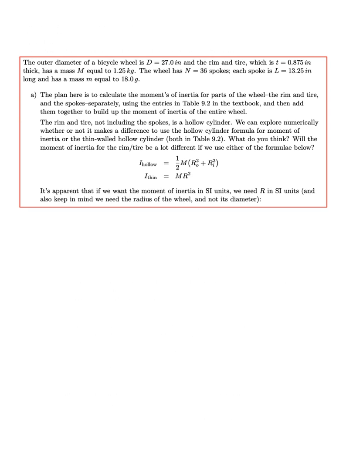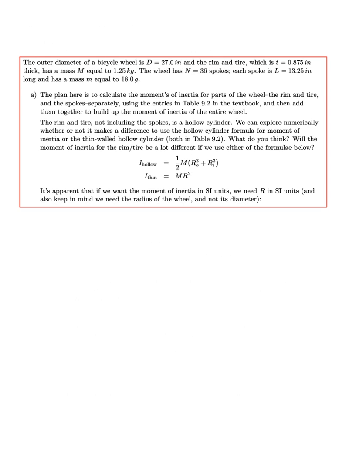The other one is if the tire and rim are infinitely thin, then we can just calculate the moment of inertia using mass times radius squared. So you're going to have to become quite familiar with the entries in table 9.2. You don't have to know why the formulas for moment of inertia are what they are. You just have to know how to use them.